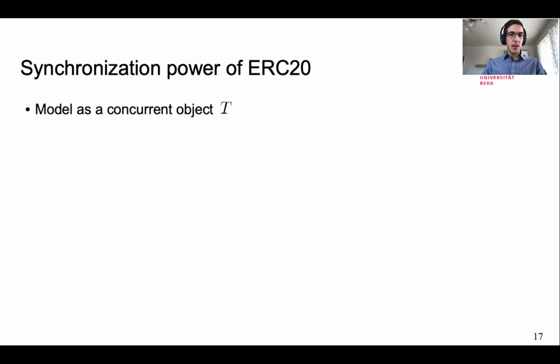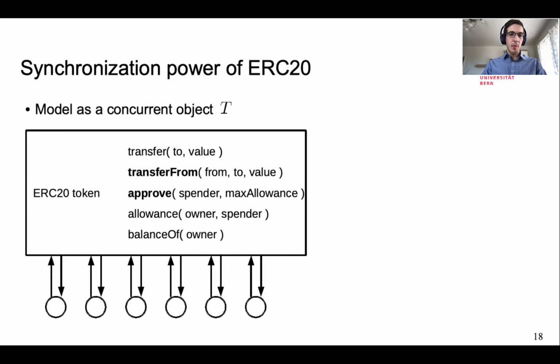First, we model this as a concurrent object. It offers a number of operations. The most important for us are transferFrom and approve. Approve allows the owner of an account to approve a second party, a second process, to spend up to a maximum allowance of tokens from this account.